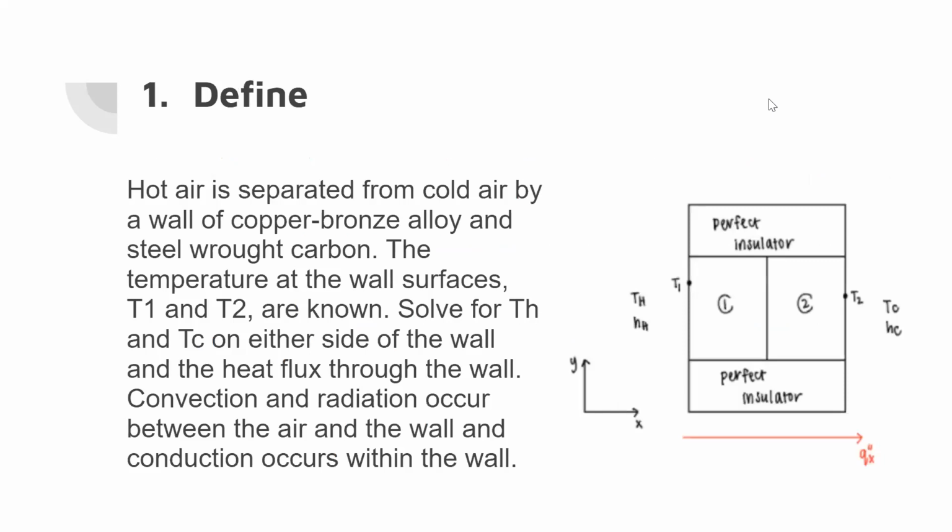So in this problem, we're comparing two temperatures of air, TH and TC, which are known. We know the temperatures on the walls, and we're trying to solve for the heat transfer through convection and radiation, which are in parallel, and conduction, which is in series.